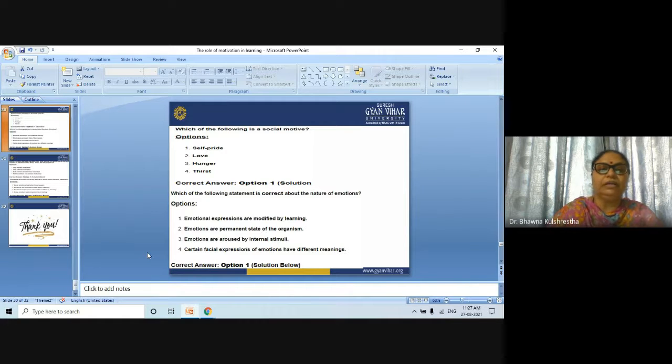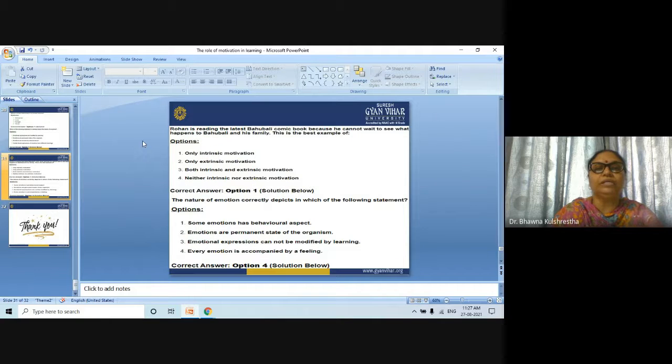And the next question, Rohan is reading the latest Bahubali comic book because he cannot wait to see what happened to Bahubali and his family.